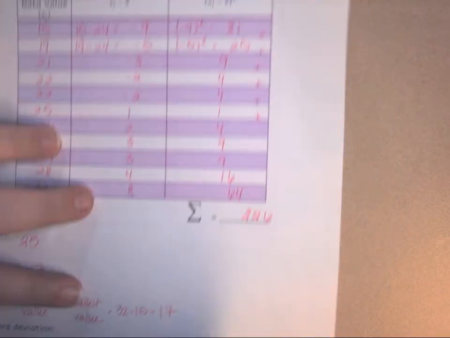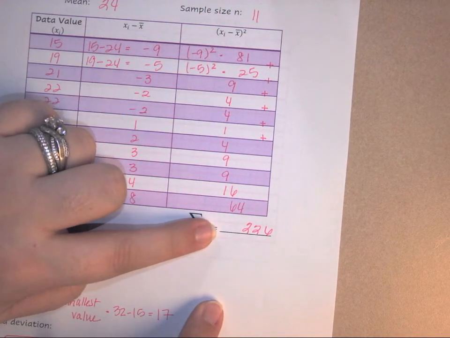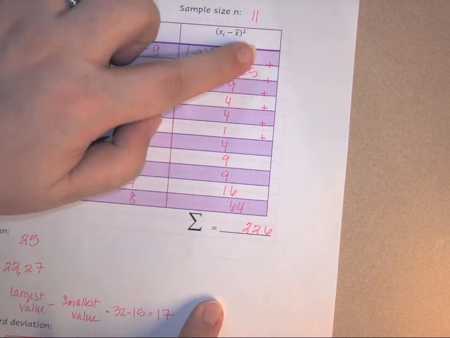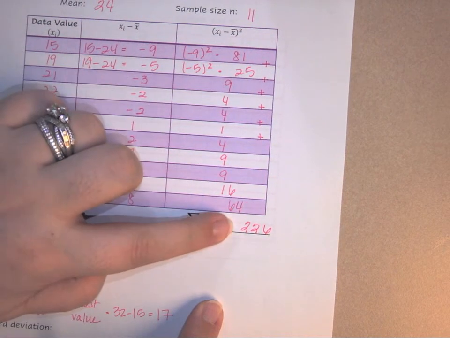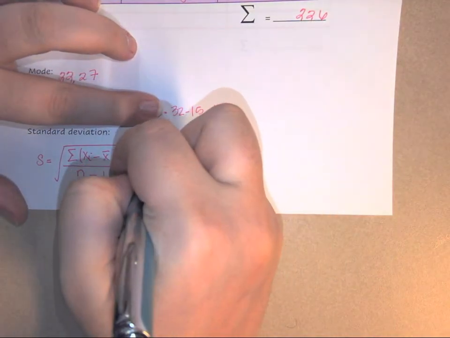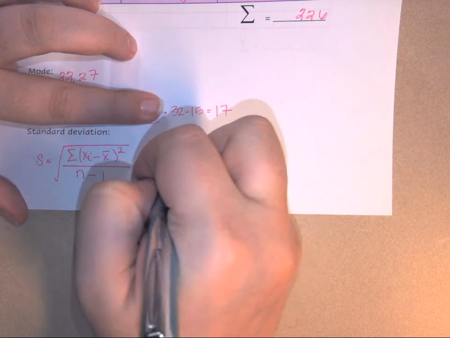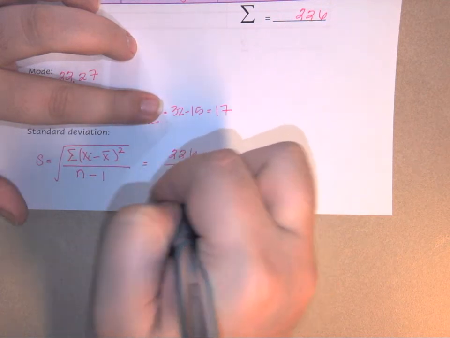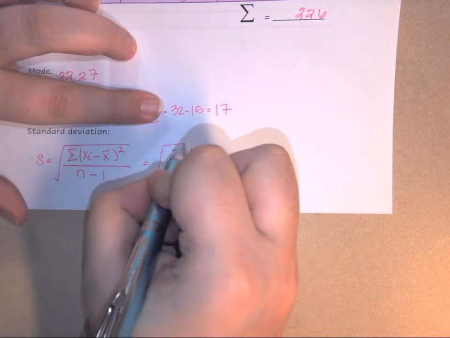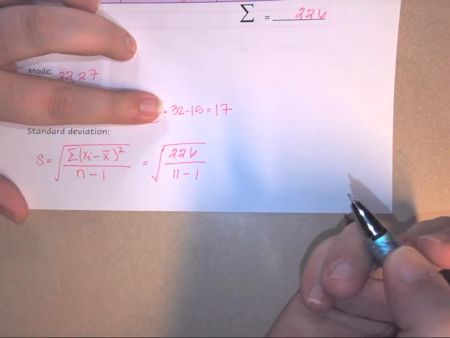This is why this column down to this summation is so important, because by doing this table, you've already done the hard part. So here, what you're going to put in is 226 over 11 minus 1, and you're going to take the square root at the end of that.